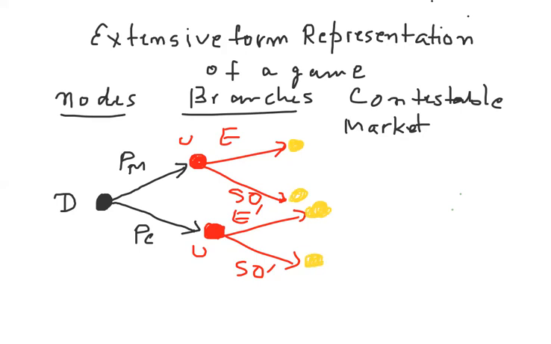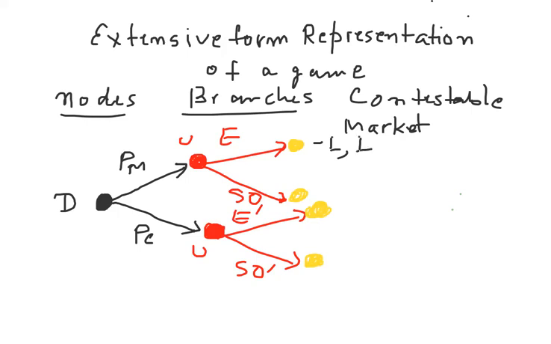And the terminal nodes will result in some kind of payoffs or profit. So we can use some numbers to denote payoffs. Let's say if Delta chooses monopoly fare and United enters and undercuts Delta's fare, then Delta is going to make a loss of, let's say, $1 million, and United is going to make a profit of $1 million.